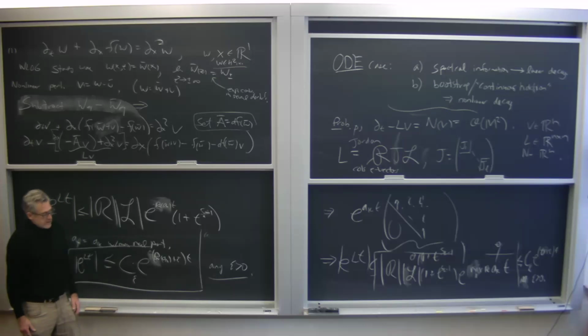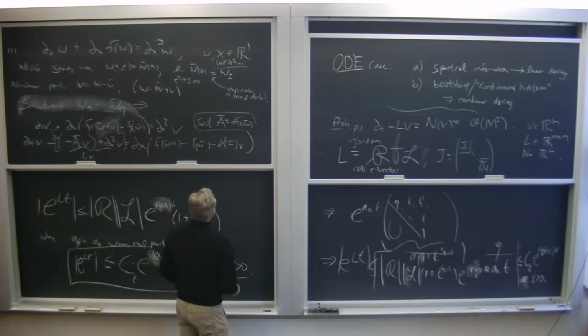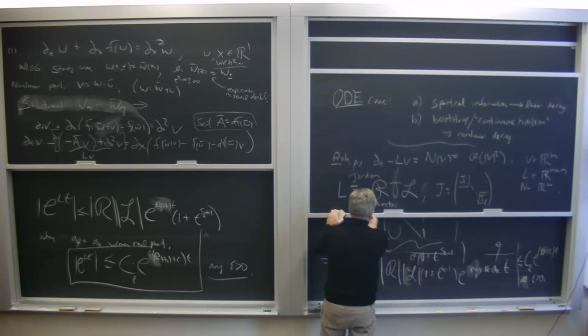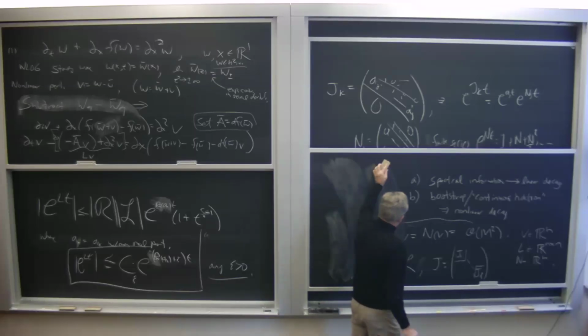So this is the familiar necessary and sufficient condition for linear decay for constant coefficient ODE. And now I want to get a nonlinear result. So that's the end of part A, which was to go from spectrum to linear estimate.